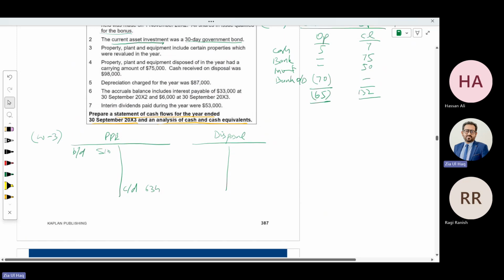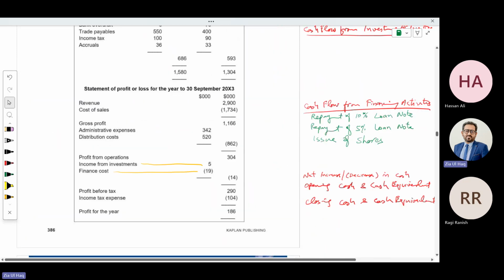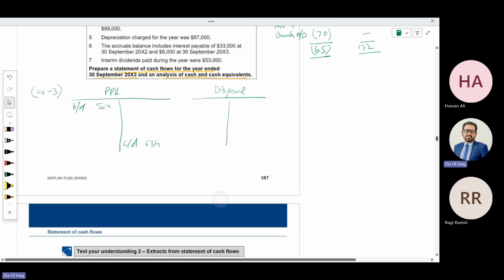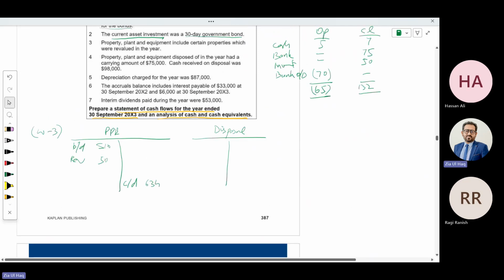There was a revaluation of how much? 50. We saw it here. So revaluation gain of 50. What other information do we have? We disposed of one of the property, plant and equipment whose carrying value is 75.